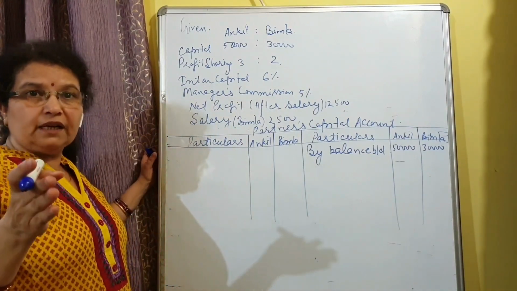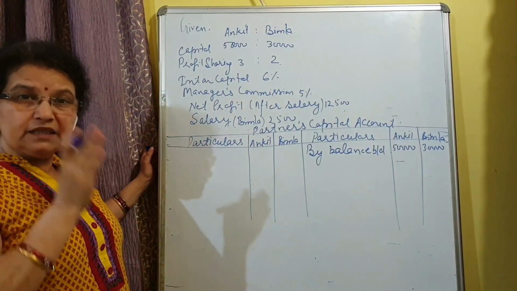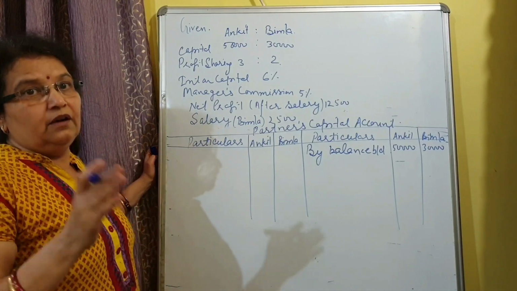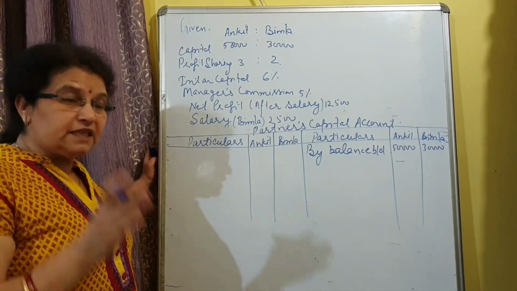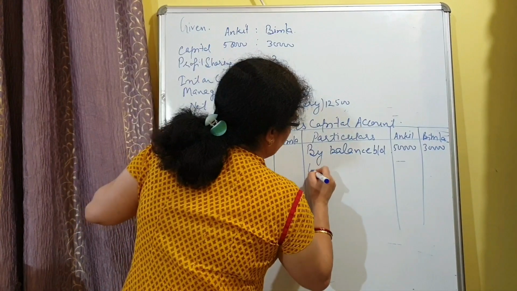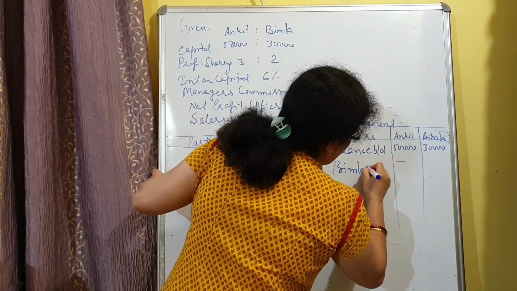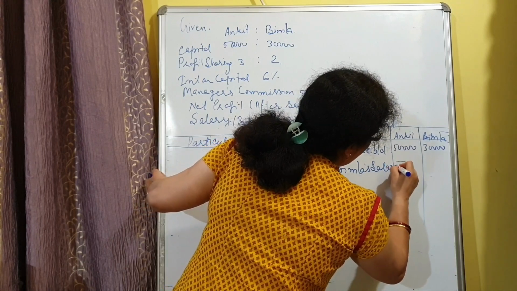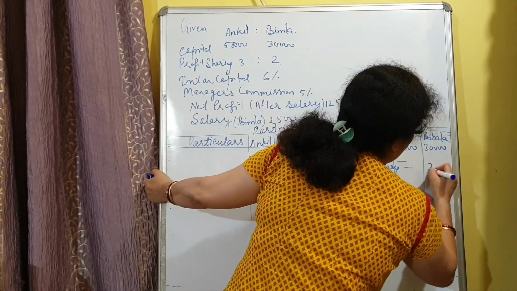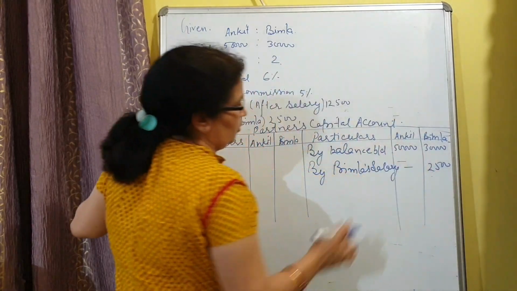In the profit and loss appropriation account, we debited the salary because the firm has given it. Now the partner is receiving it. So what do we have to write? By Bimla's salary. It should be written only in Bimla's column.